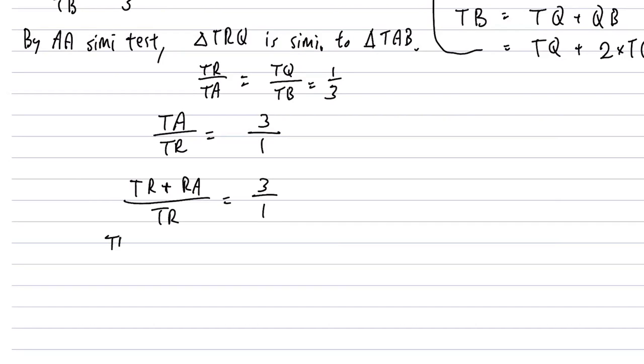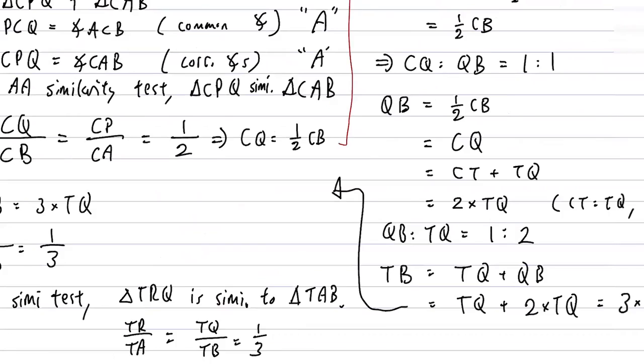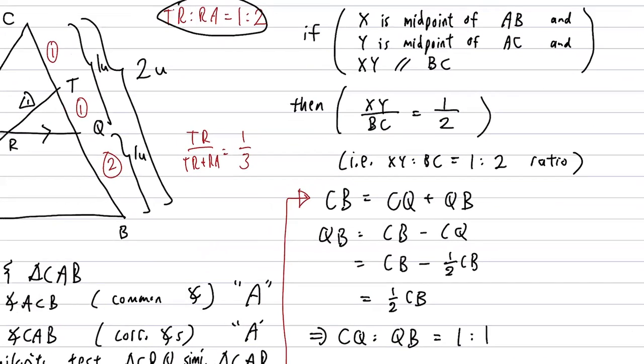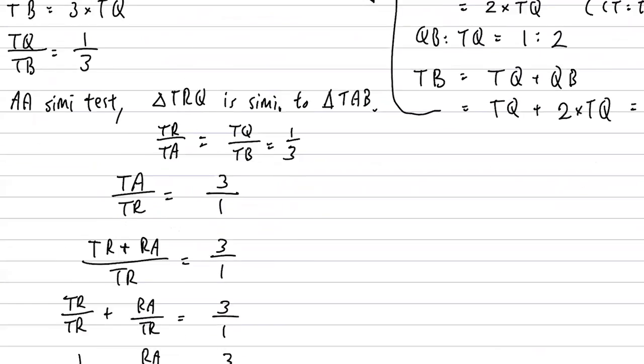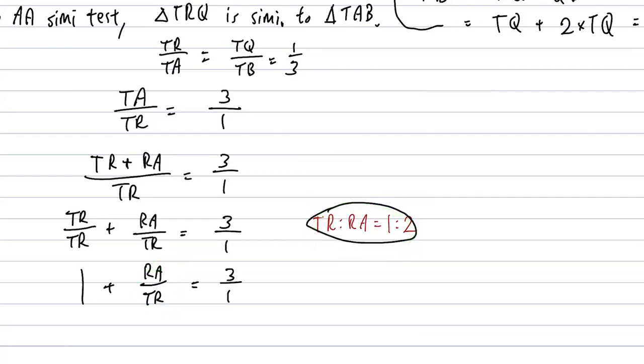We can always split this into two fractions like this, TR over TR plus RA over TR equals 3/1, which is just 3. But more importantly, TR over TR here becomes a 1. So 1 plus RA over TR. We're getting close. What was our objective again? We wanted TR is to RA equals 1:2. Let's just paste the goal over here. Can you see that they are very, very similar now?